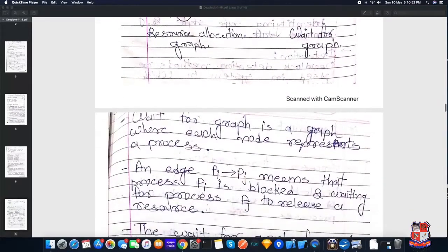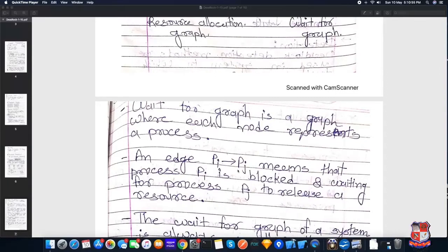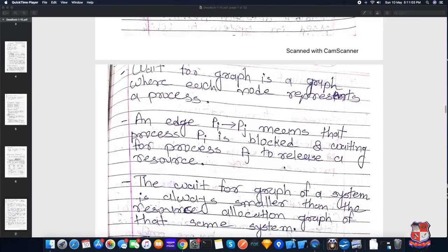The first point of deadlock detection is that the wait-for graph is a graph where each node represents a process. The next point is Pi gives Pj. It means that Pi is blocked and waiting for the process Pj to release a resource. So it is also called Pi gives Pj.